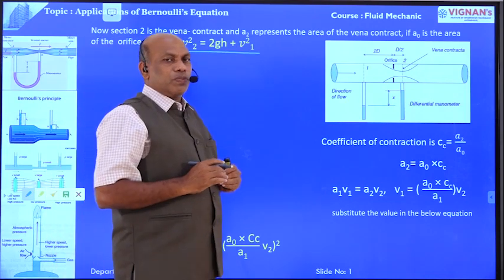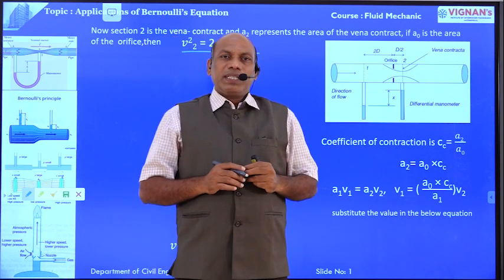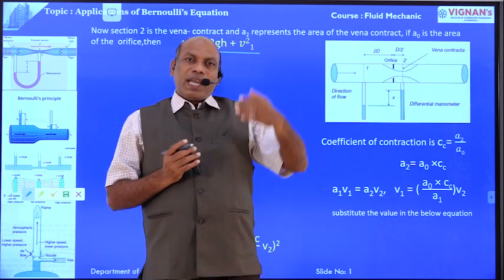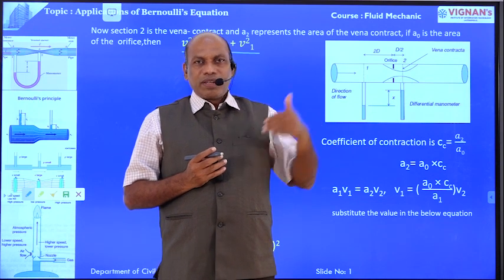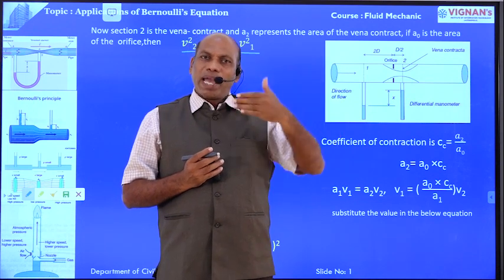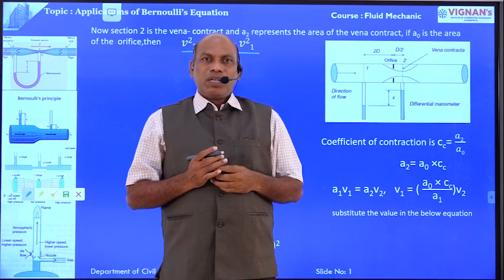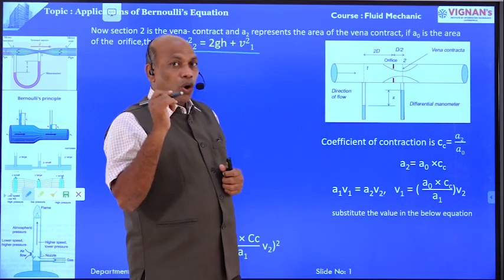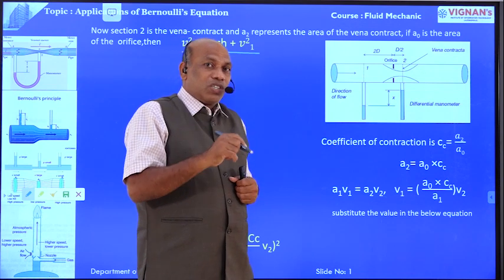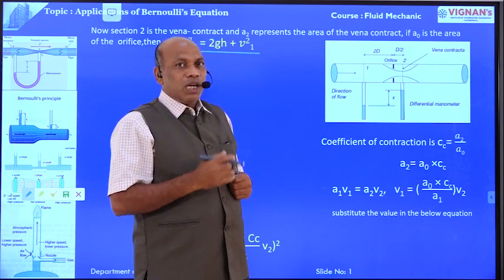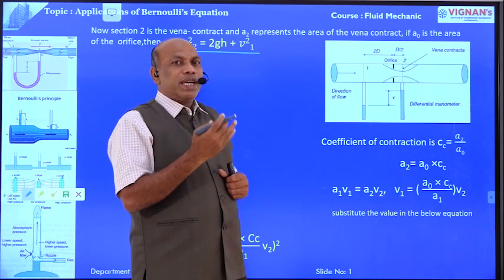Here we are going to observe one point. That is, at section 1, the diameter is D1. At section 2, the diameter is D2. But here, the orifice is not provided at section 1 or section 2. That is just beyond section 2.